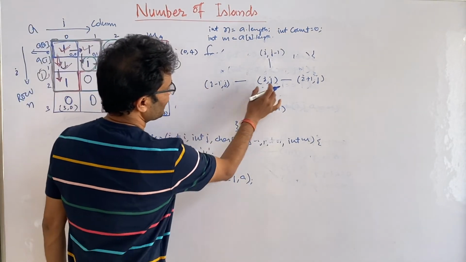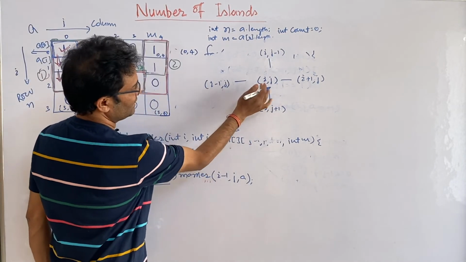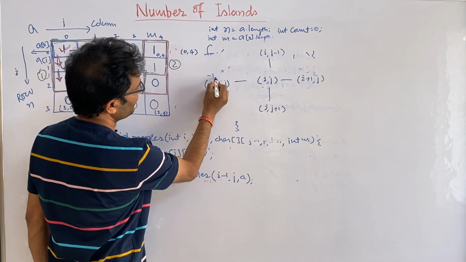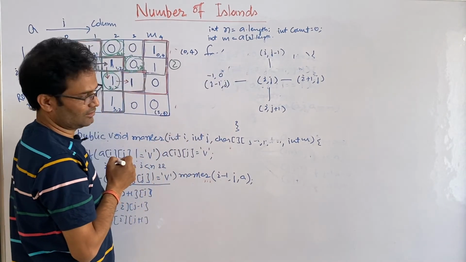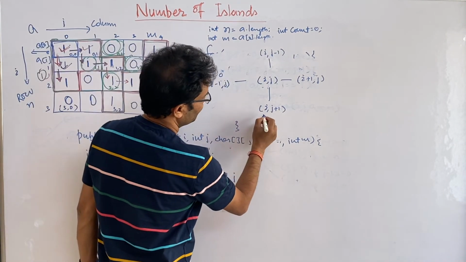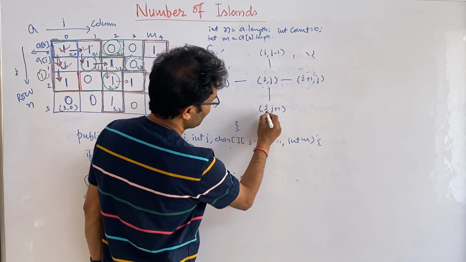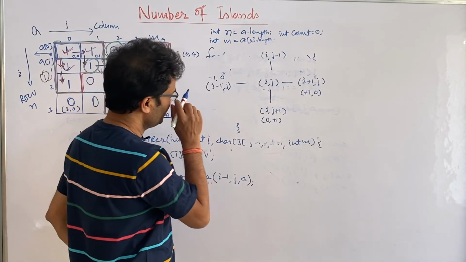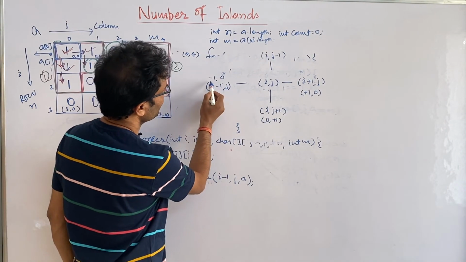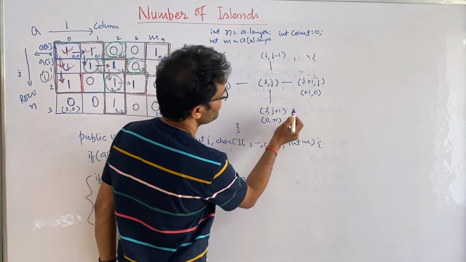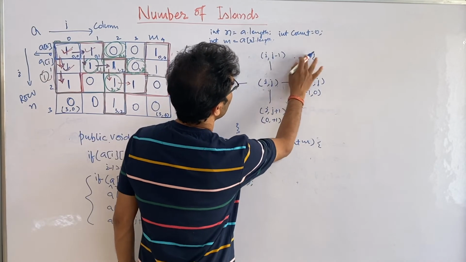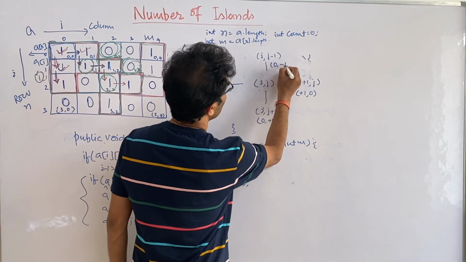Means whatever the number here, in that number the first digit I am minus 1 and the second digit I am not touching. Here I am not touching the j part and I just did minus 1, here plus 1, here plus 1 for I, and in this case we are doing the minus 1.